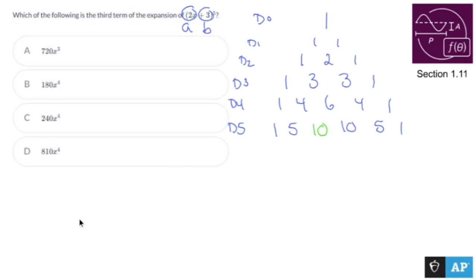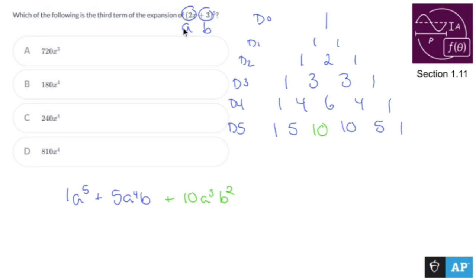So D5 is going to be 1A to the fifth, plus 5A to the fourth B, and then here's where it gets very important, plus 10A to the third B squared. Now, I can keep going, but I don't need to.